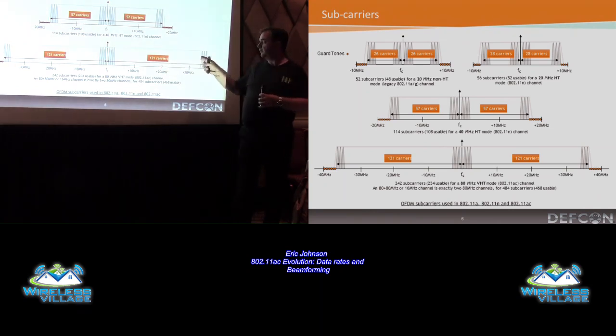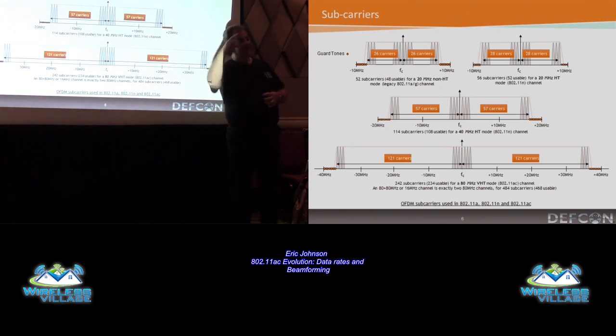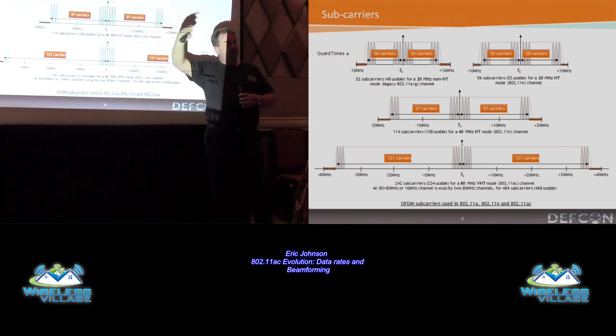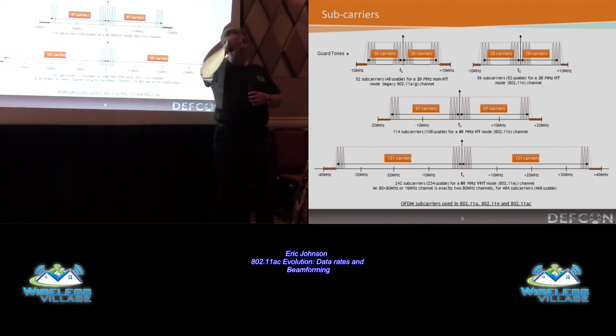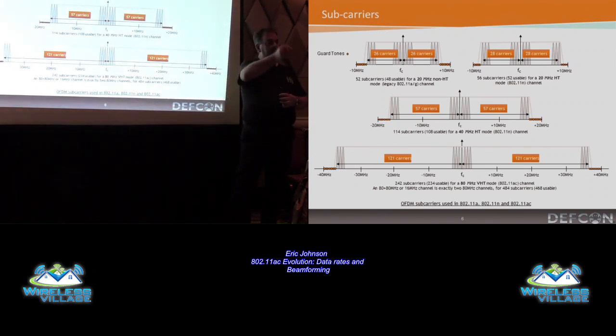Okay, so you have bins, and you put your bits in each one of those bins, and then you do an FFT to get to the time domain, and you send that FFT over the air. At the other end, basically you're doing a spectrum analyzer, and you extract the tones, and you're able to pick the bits out. You use the pilot tones to give you your phase and timing references, and you're able to extract the data coherently. That was kind of a bit of a deep dive, but I hope that didn't go over everybody's head.